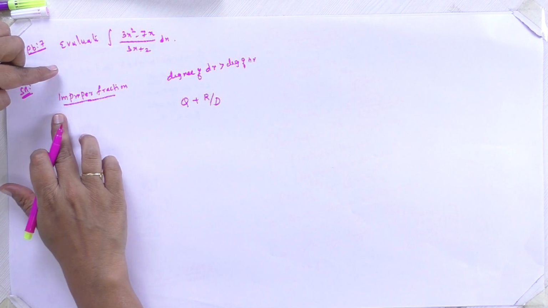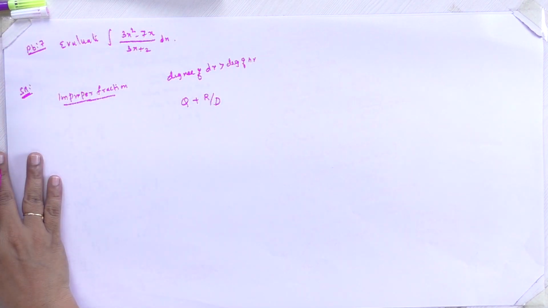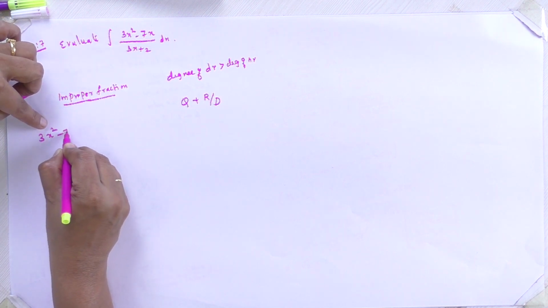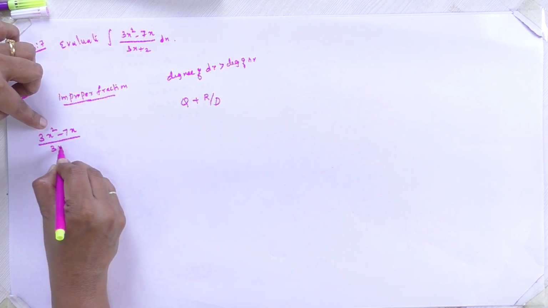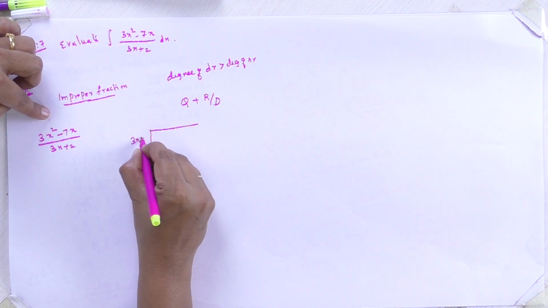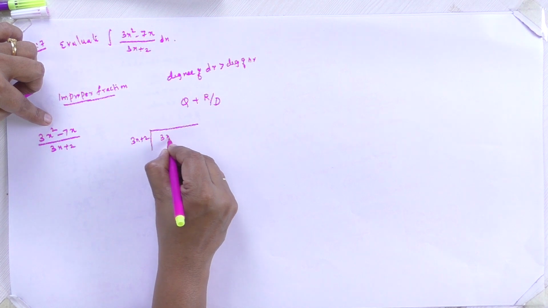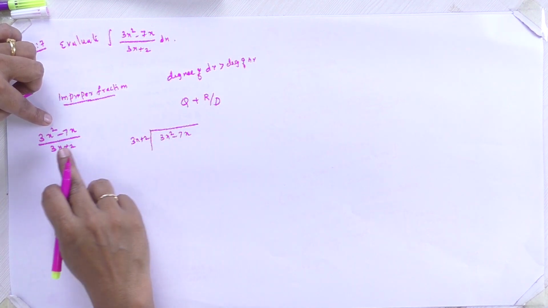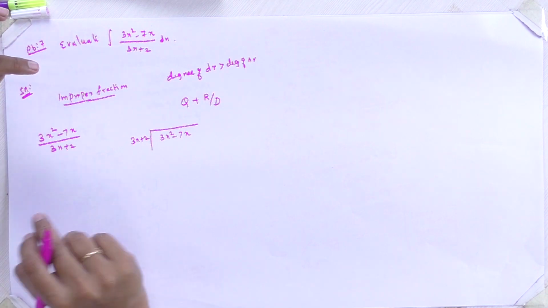So first you take the improper function, 3x square minus 7x divided by 3x plus 2. Since the numerator has the greater degree, divide the numerator by the denominator, the lower degree.